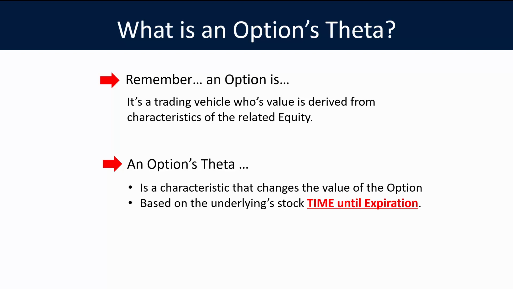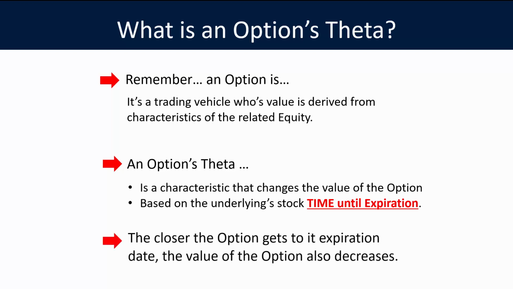An option has a limited lifespan. There's a distinct date on which that option ceases to exist, and we call that the expiration date. So we have to keep in mind how far away we are from that date, because the option is in general a decaying asset.